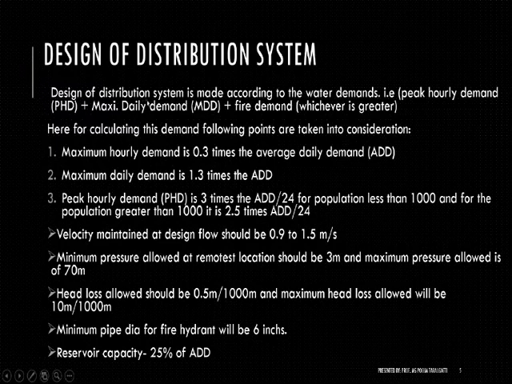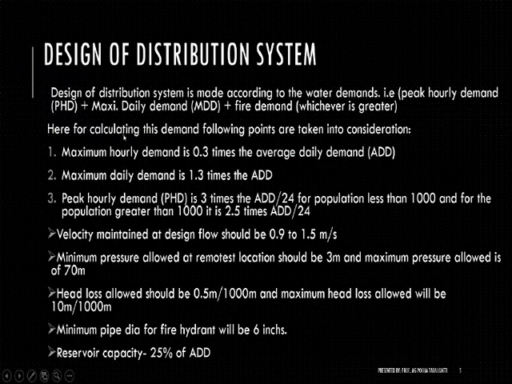So during the design of distribution system, you need to consider water demand, which contains peak hourly demand plus maximum daily demand plus fire demand. Amongst these three, what are the main demands that you need to consider first? For that further calculation, you can go for consideration of average daily demand plus maximum hourly demand.